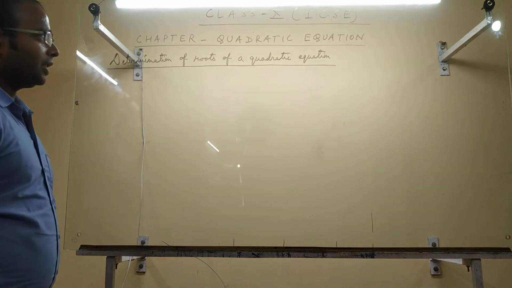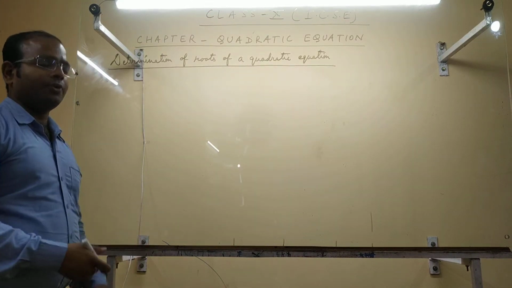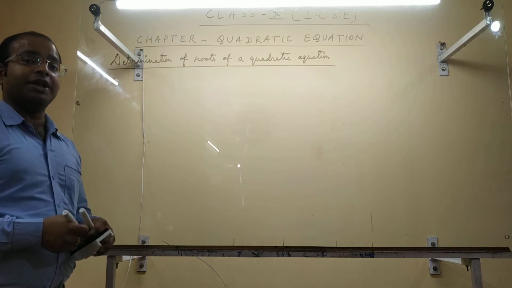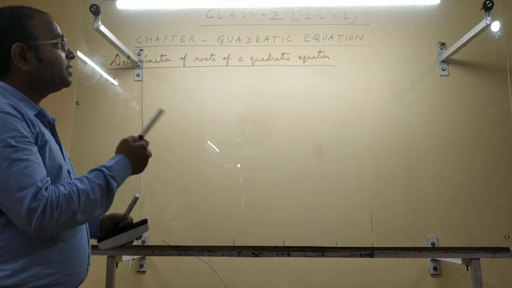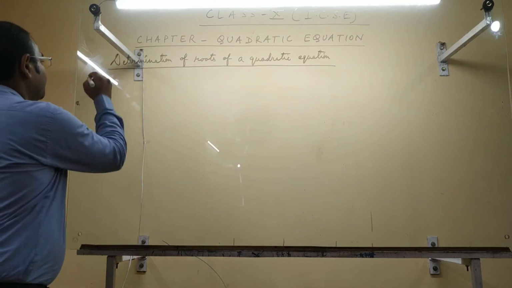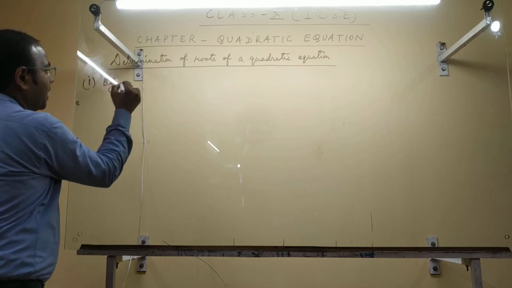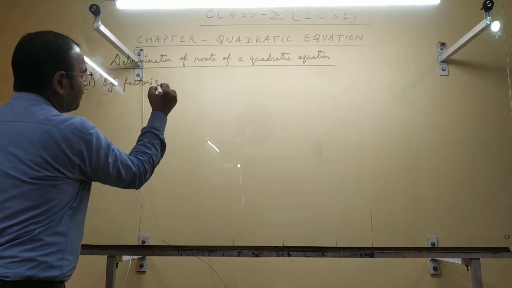The example that we have discussed just a few minutes before, the solution of that quadratic equation, x is equal to 2 and x is equal to 3, is determined by the same method. So we will discuss the first method, the factorization method.